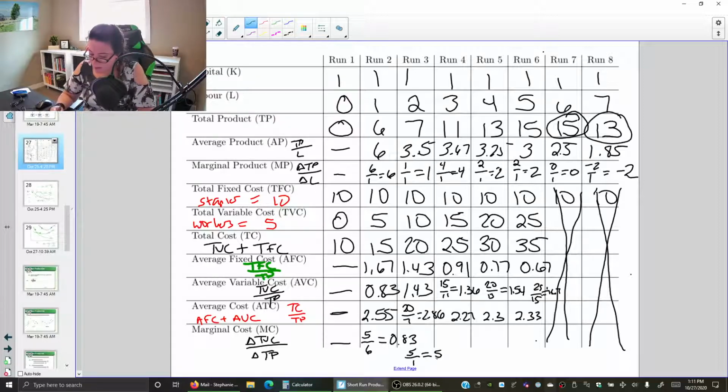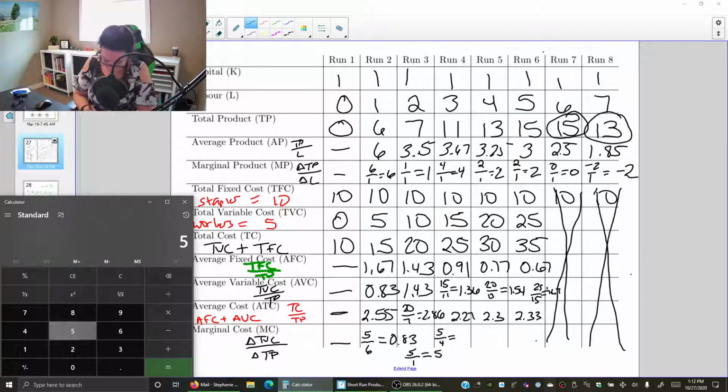Then we go from having 2 workers to 3 workers. So we're paying an extra $5 for that worker. So the change in total variable cost is 5. And the change in output goes from 7 to 11, which is a change of 4. So 5 divided by 4, we get our 1.25.